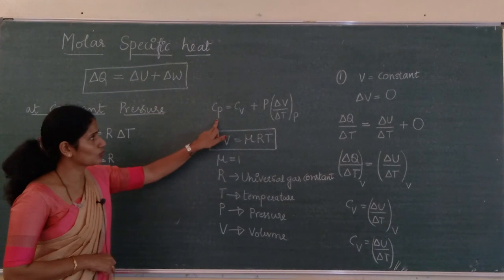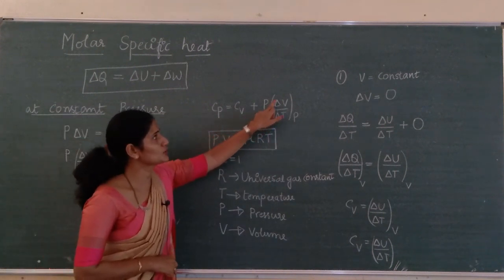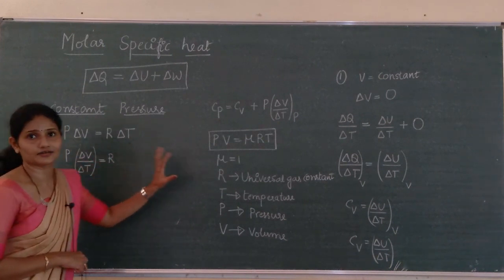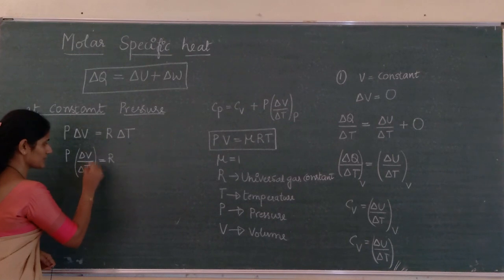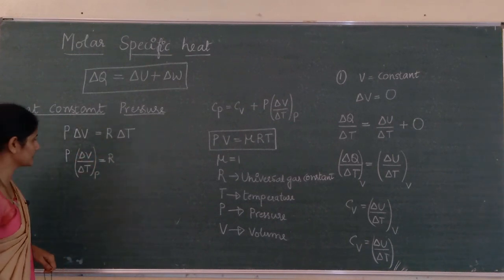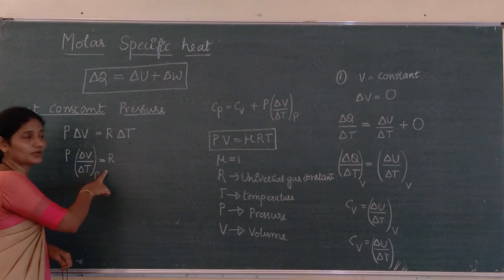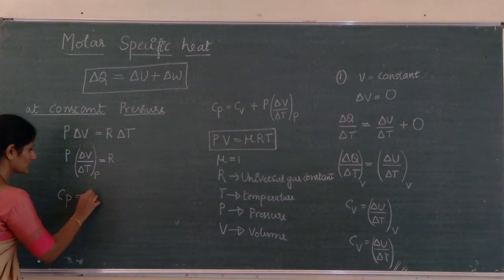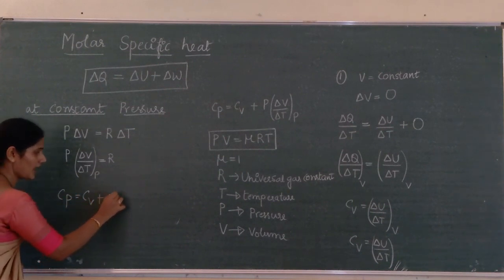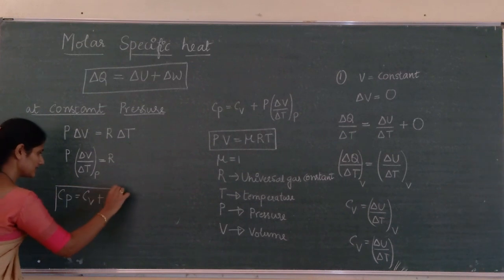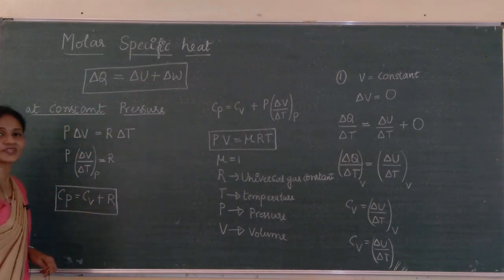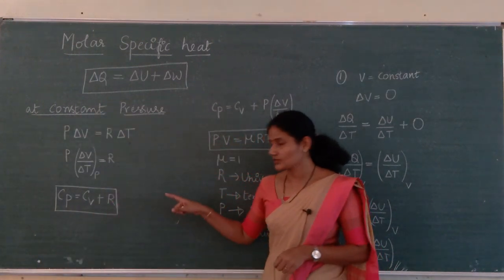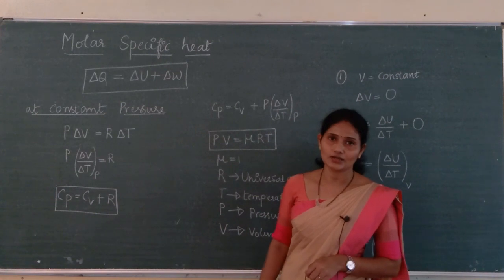Here we have Cp is equal to Cv plus P into delta V by delta T. This P into delta V by delta T is nothing but R. So, under constant pressure, P into delta V by delta T is nothing but R. So, Cp is equal to Cv plus R. This is the relation between molar specific heat at constant pressure, molar specific heat at constant volume and universal gas constant.